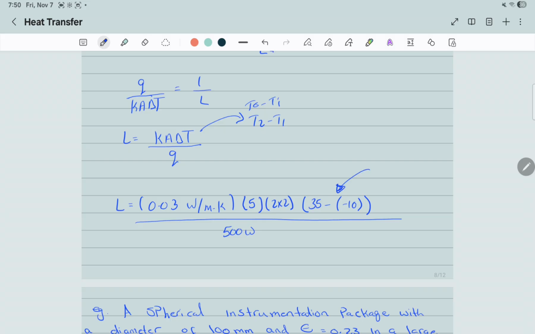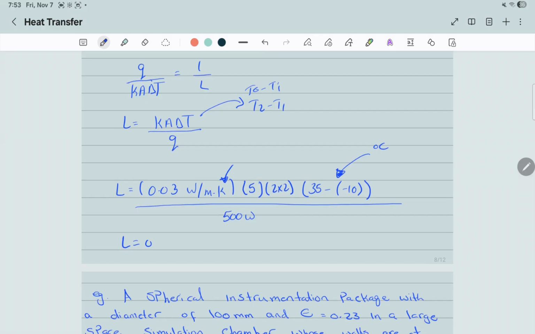Again, since this is a change in temperature, it doesn't have to be in Kelvin. It could be in Celsius or Kelvin. So that won't make a big difference because it's a difference in temperature. Therefore, L equals 0.054 meters, which is 5.4 centimeters. Okay, let's go on to the third example.